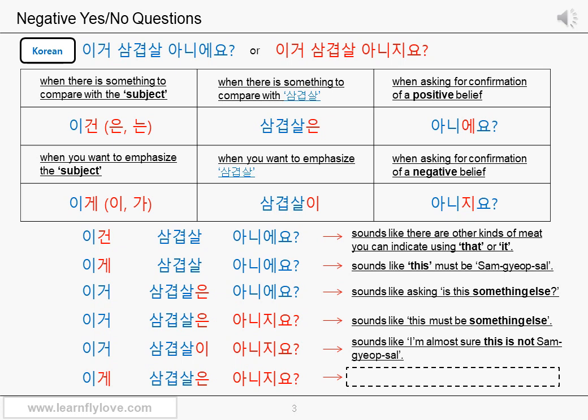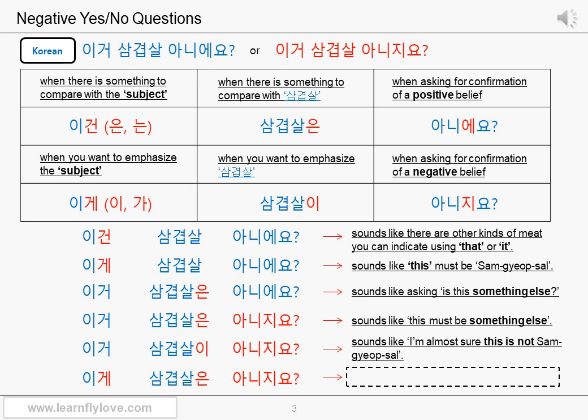Because of the auxiliary particle 은, it sounds like you are thinking about something else. This particle 은 goes more with 아니지요, because the nuance of contrasting that 은 or 는 has reinforces the meaning of 아니지요. Plus, this one sounds very useful. 이거 삼겹살은 아니지요? Remember this one at least.